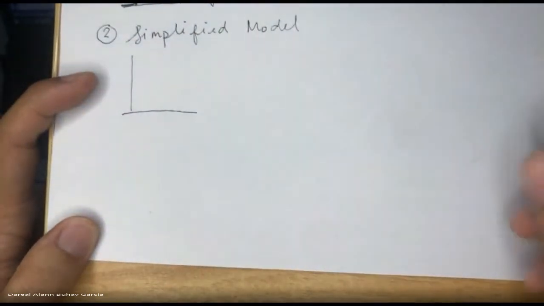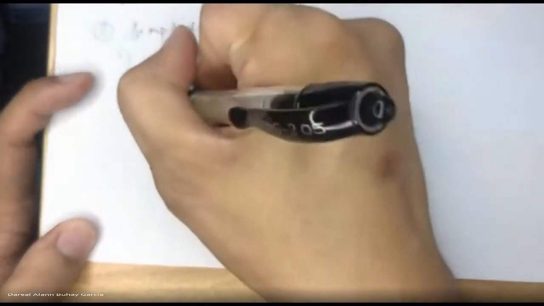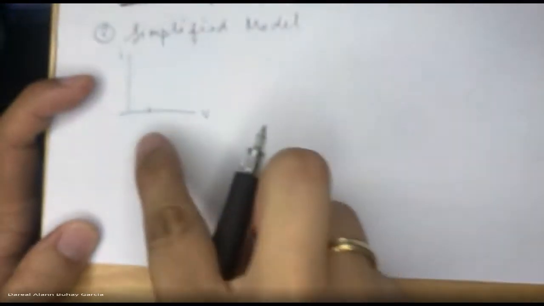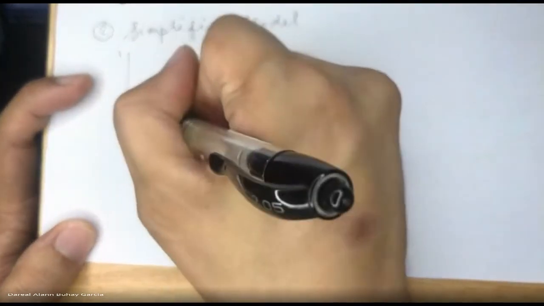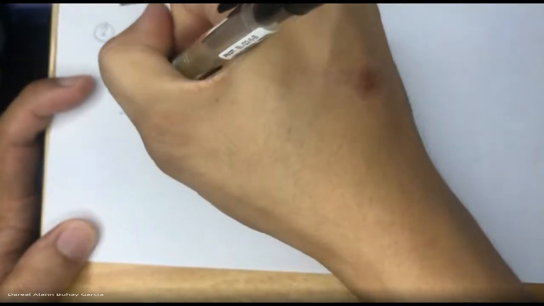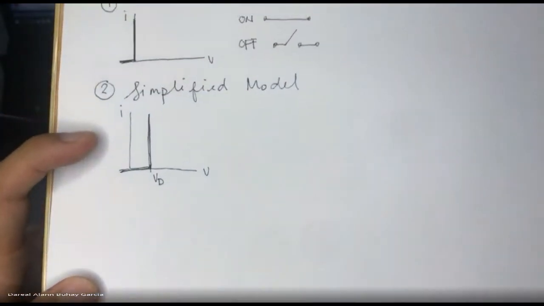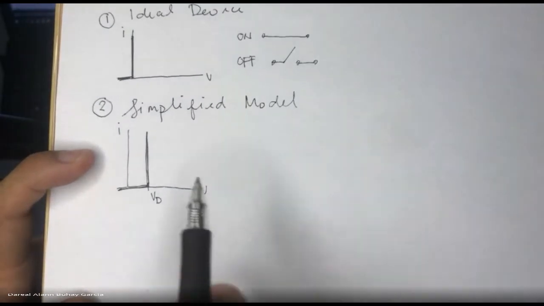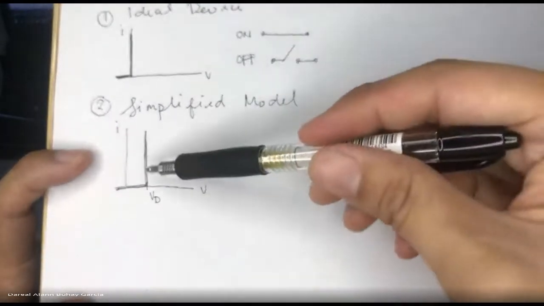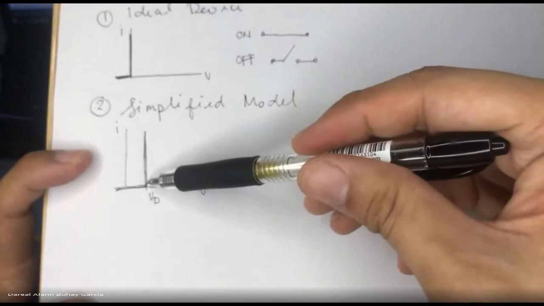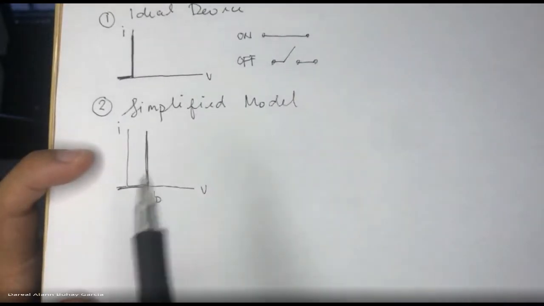So its VI curve would look somehow like this. This is what we call the diode voltage, VD. That is its characteristic curve. When the diode conducts, it only conducts at this value, VD.